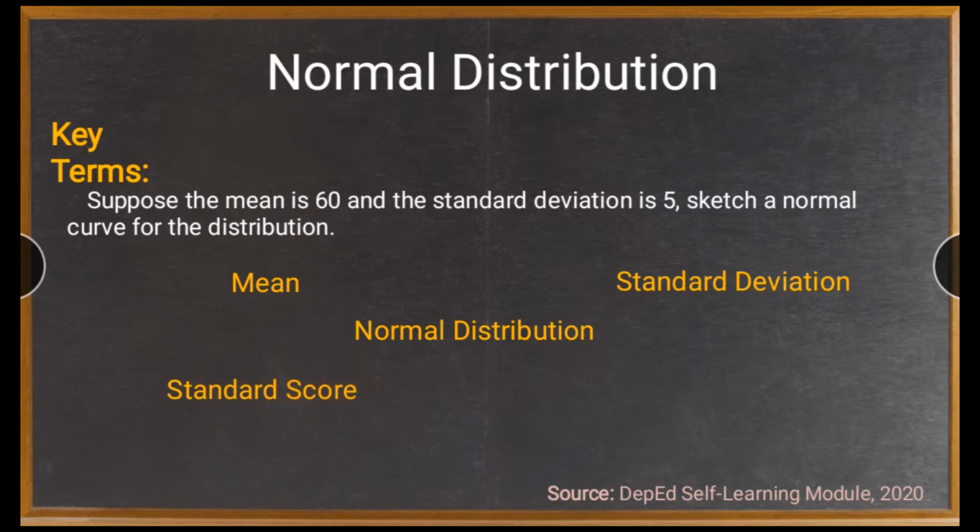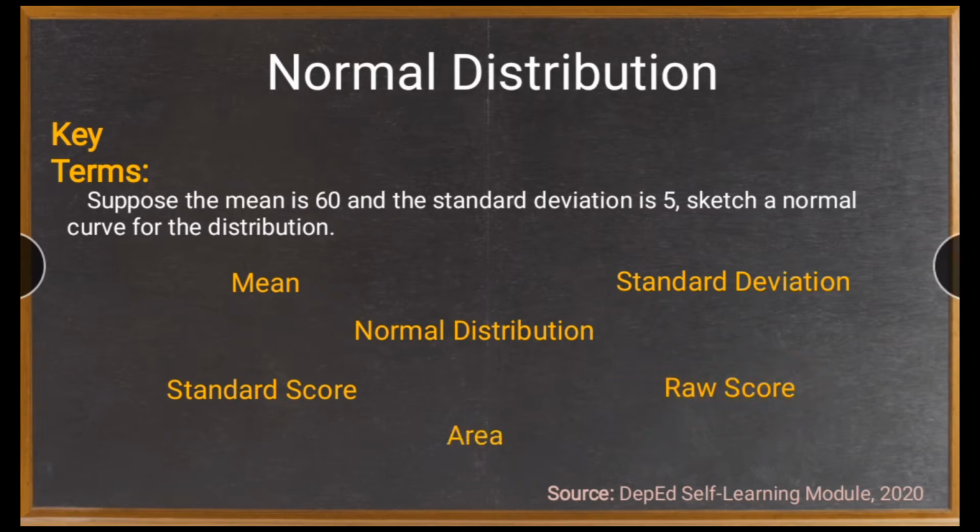We also have raw score, which is represented by X. If this score is above the mean, we have positive standard scores, and if below the mean, we have negative standard scores.